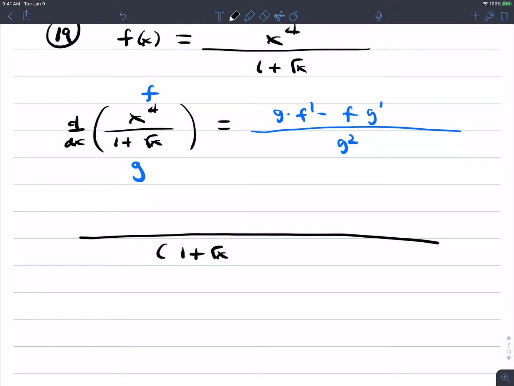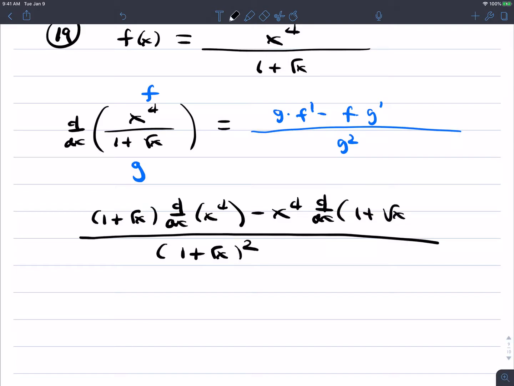One plus the square root of x squared. There's my g squared. 1 plus the square root of x times the derivative of x to the fourth minus x to the fourth times the derivative of 1 plus the square root of x.